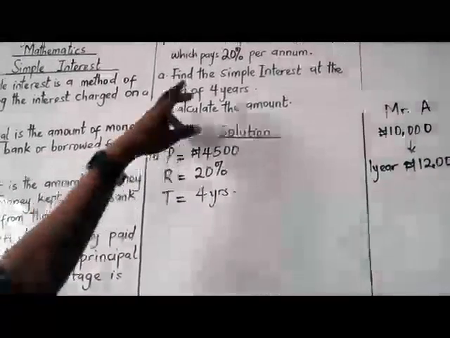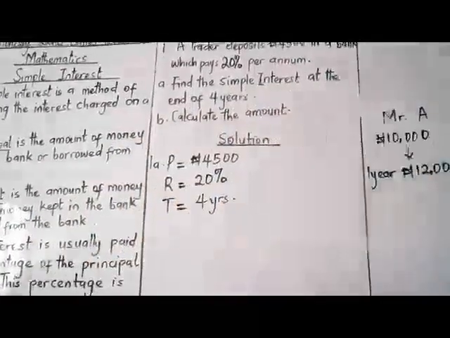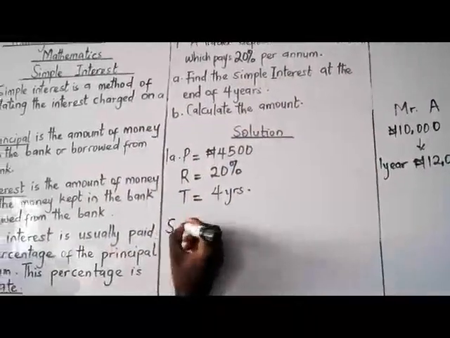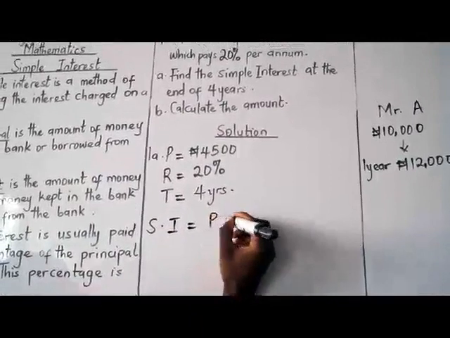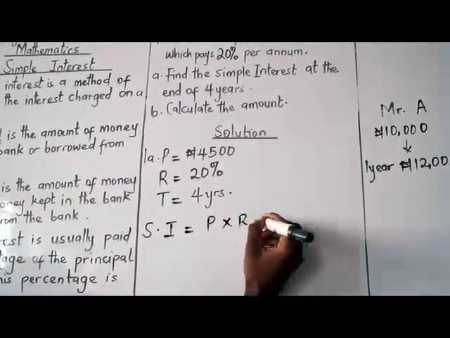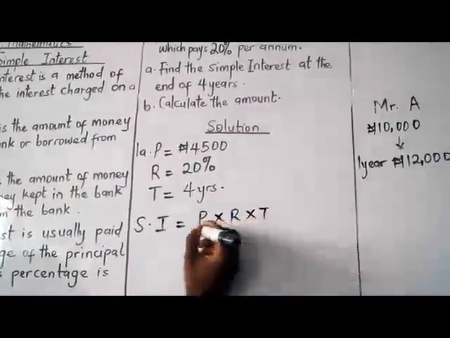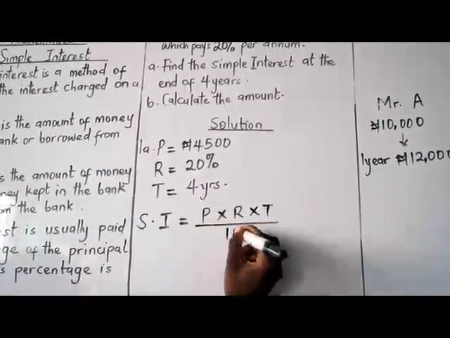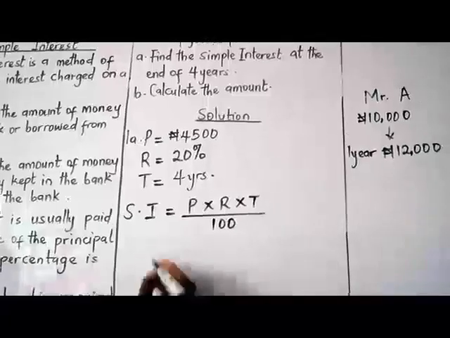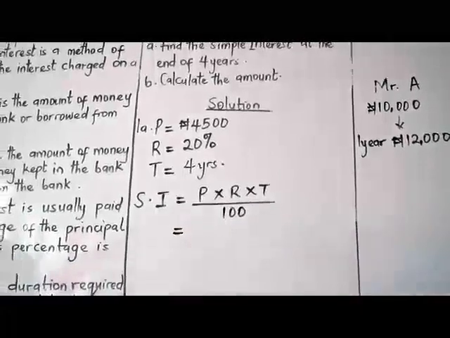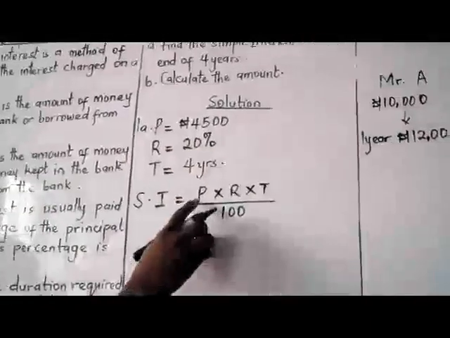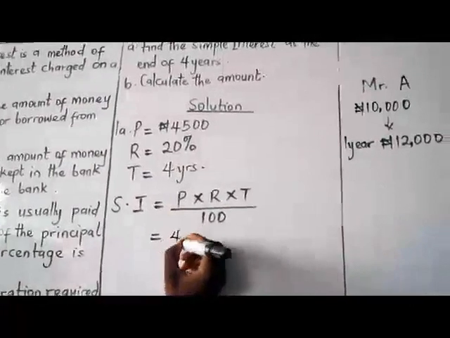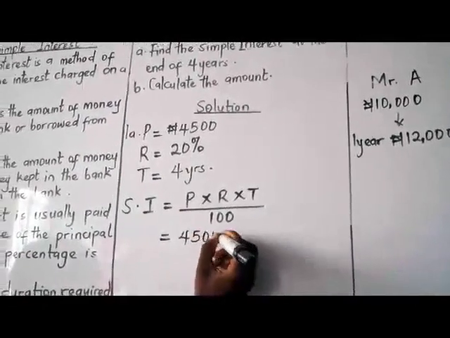Now, we are told to calculate the simple interest. So we pick our formula. Our formula for calculating simple interest is what? Principal times rate times time over 100. Now, we are going to fix these terms that we have here into our formula. What is our principal? 4,500.